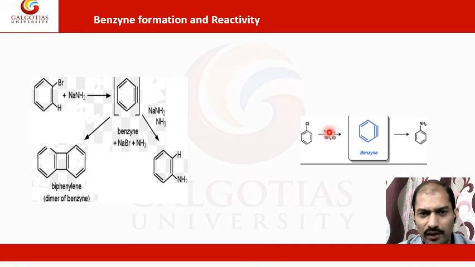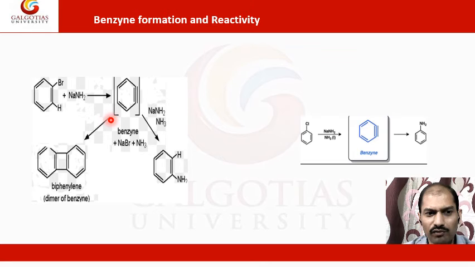Similarly, there is another reaction in this way. You can check here, we have put one single reaction where the benzyne is formed, and further, if you react it with certain other reagents, it makes different products.